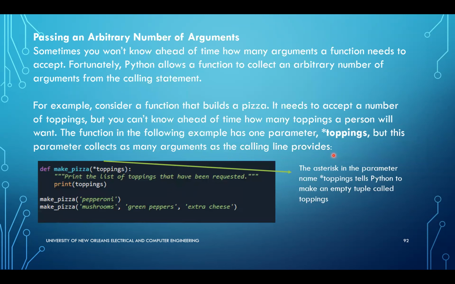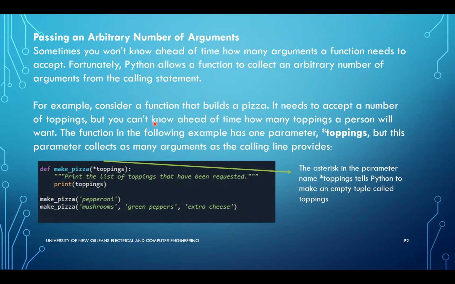Now let's look at passing an arbitrary number of arguments to a function. How do we do that? Sometimes you don't know ahead of time how many arguments a function is going to need to do what it needs to do. But in Python, it will allow a function to collect an arbitrary number of arguments from the calling statement.